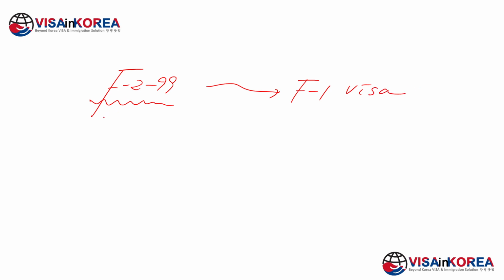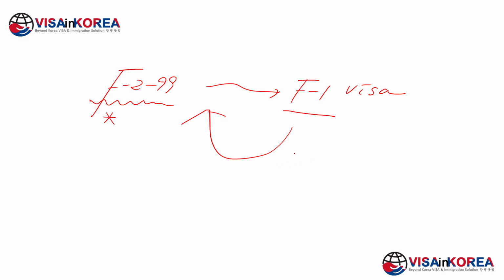Okay, so if your spouse holds an F-2-99 visa, and you are right now holding an F-1 visa, how do you change your F-1 to F-2-99?